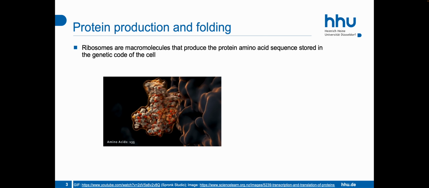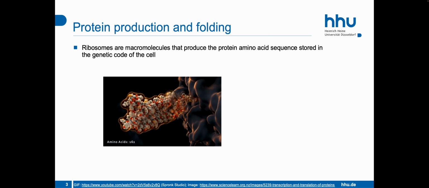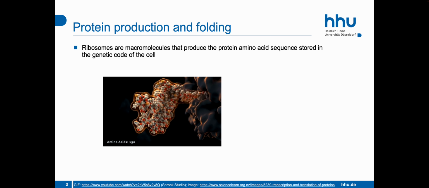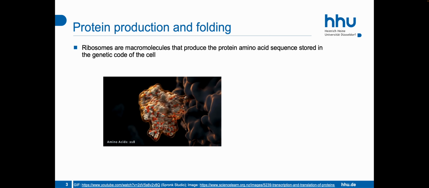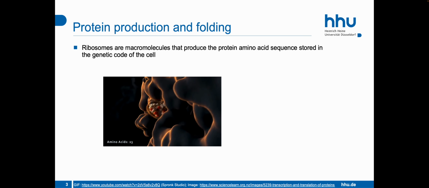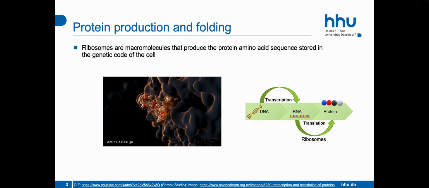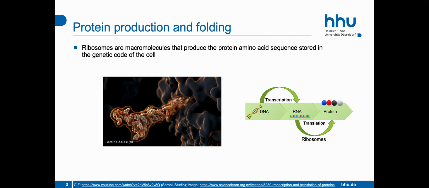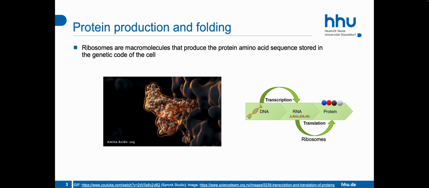These ribosomes follow the instruction for the amino acid sequence that is encoded in a molecule called the messenger RNA, or short the mRNA. So originally, the DNA contains the instructions for every protein sequence in a cell.